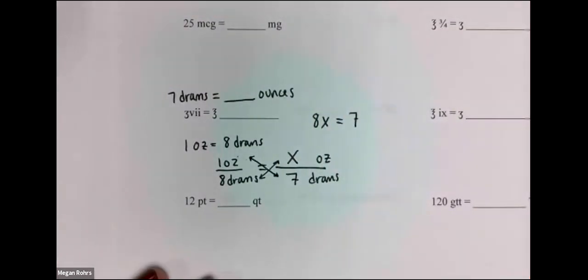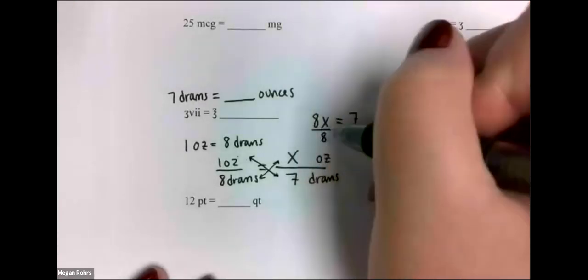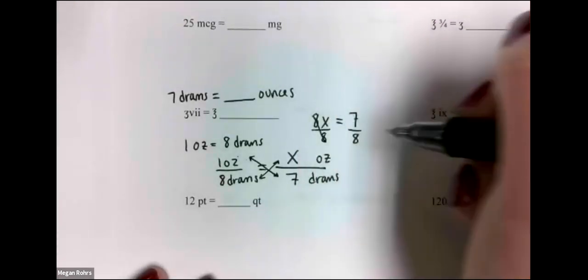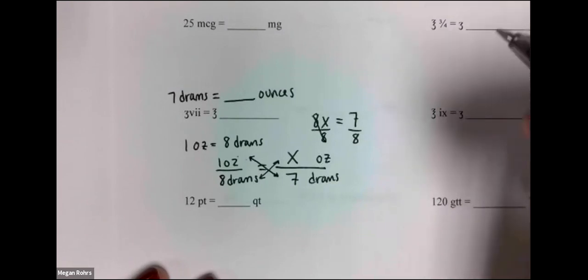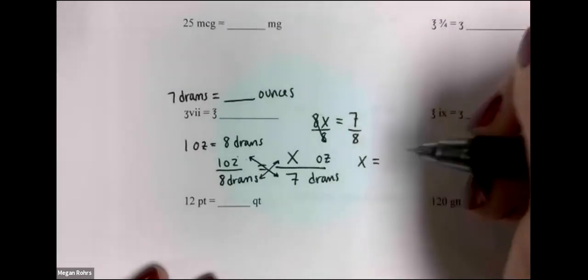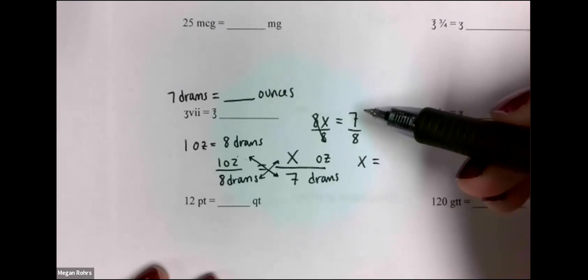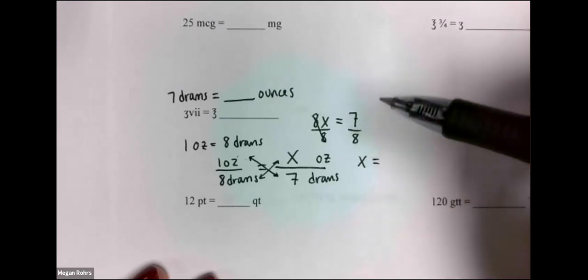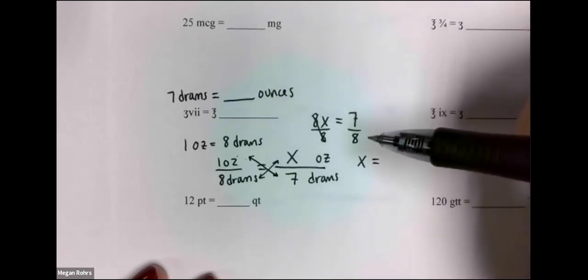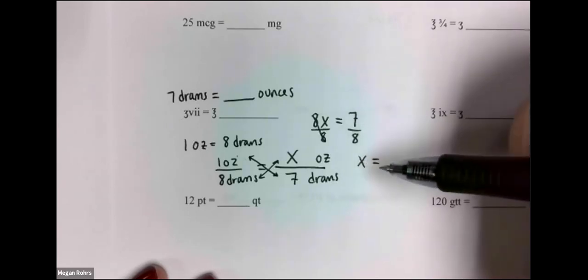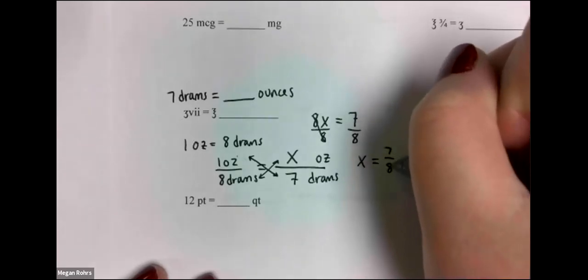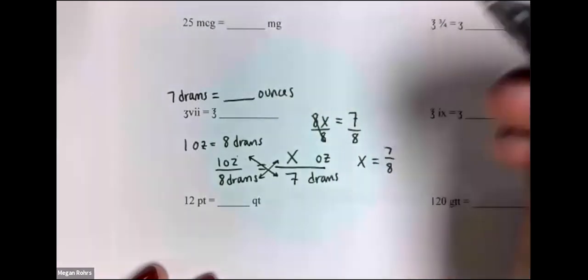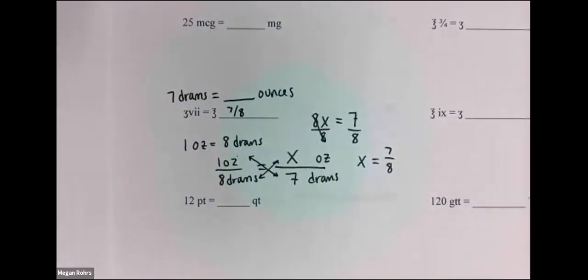Now we're going to divide this by 8 and divide this by 8. We really don't even need to change this into a decimal because the apothecary system prefers us to use fractions. So x is actually 7/8. So 7 drams equals 7/8 of an ounce.